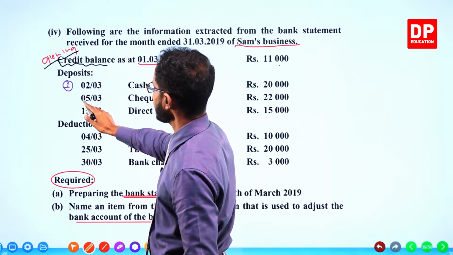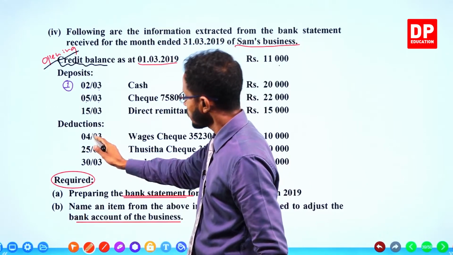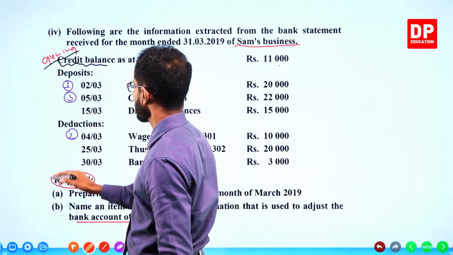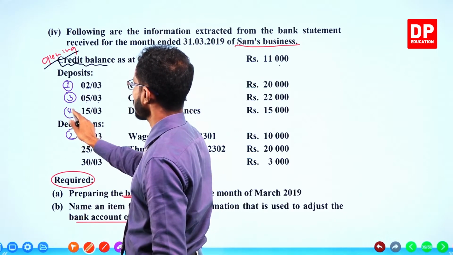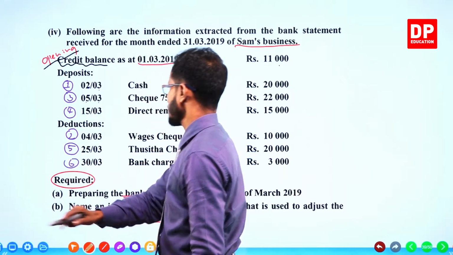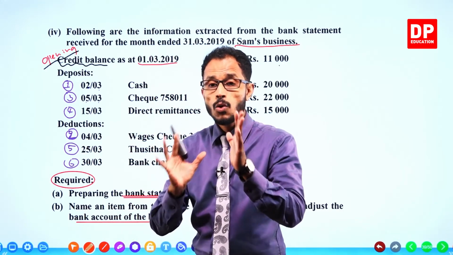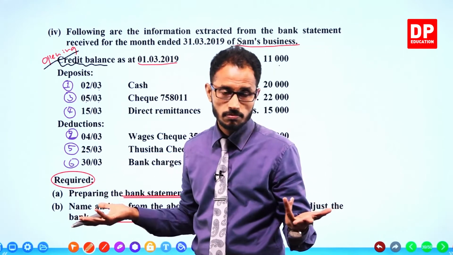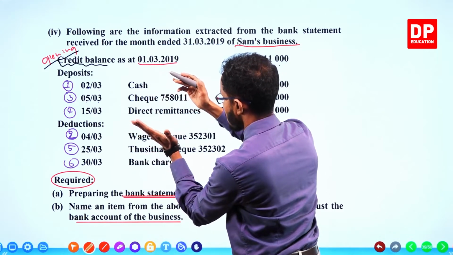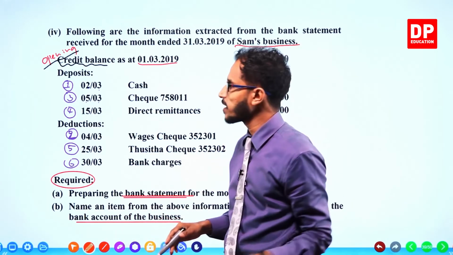Then there is another entry on 5th March, but check below, 4th March is also there. So 4th is the 2nd entry. 5th is the 3rd entry. Then 15th is the 4th entry. 25th is the 5th entry. 30th is the 6th entry. According to the order of the dates, you have to record. Don't just put deposits first, then deductions.